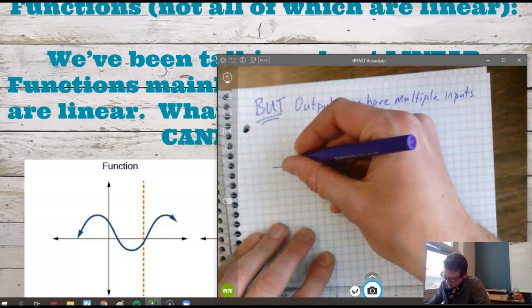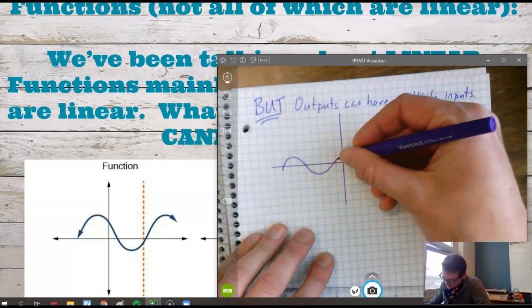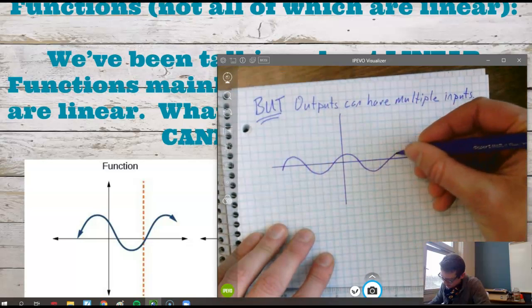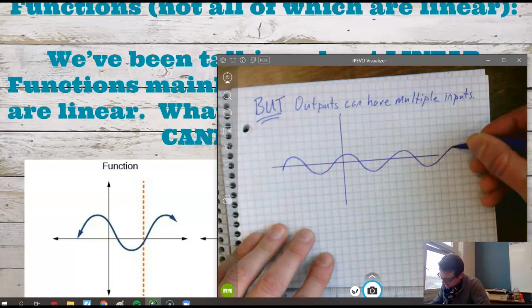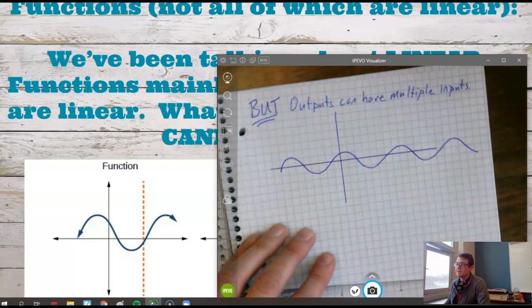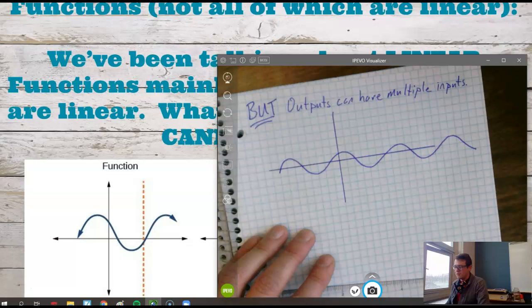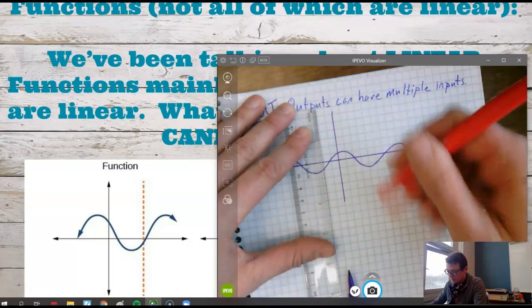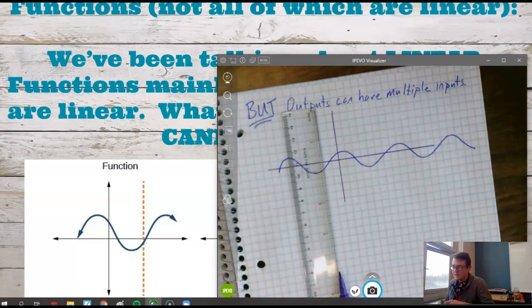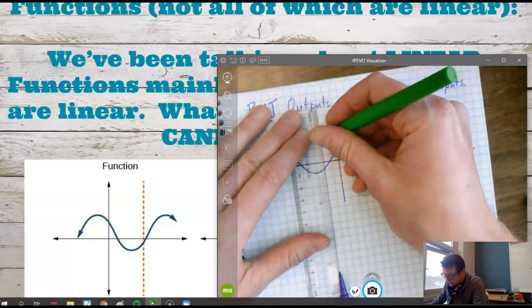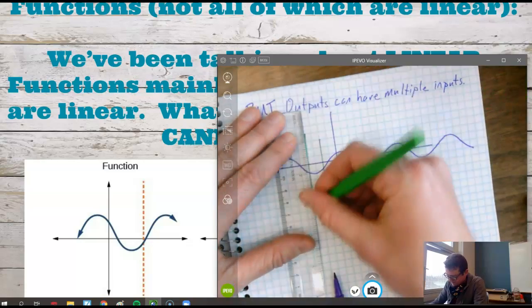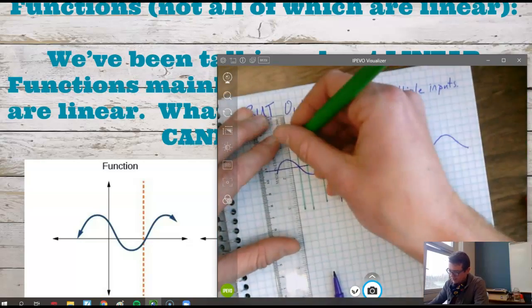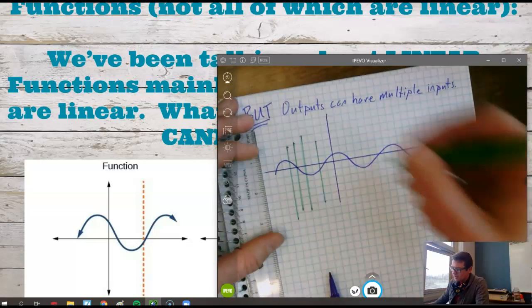If we have a curve, that's like one of the best curved lines I've ever drawn. We still pass the vertical line test, right? Anywhere that I put a vertical line, it only touches once.